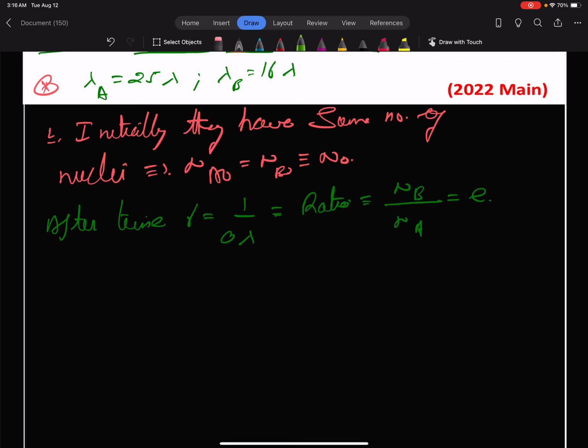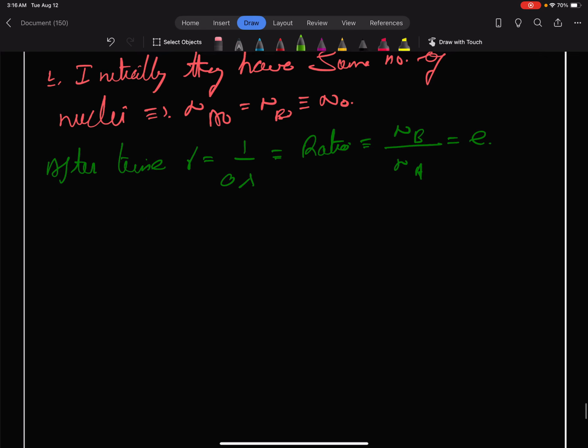So we can use our decay formula, which tells us that N is equal to N naught e raised to power minus lambda t.